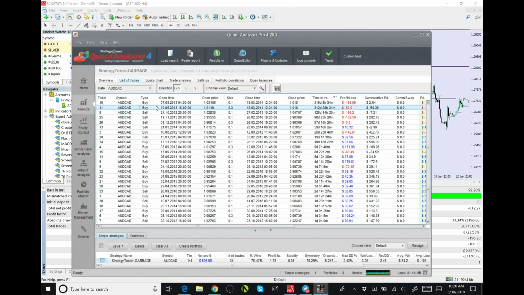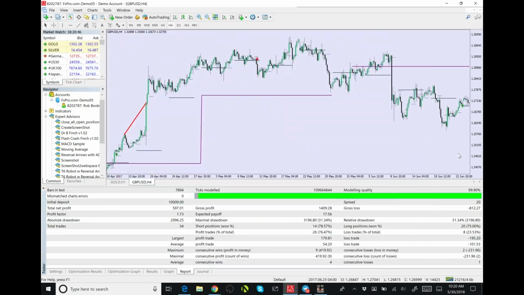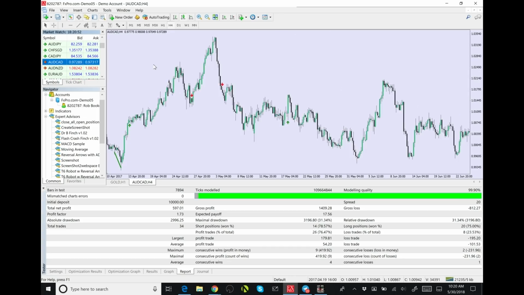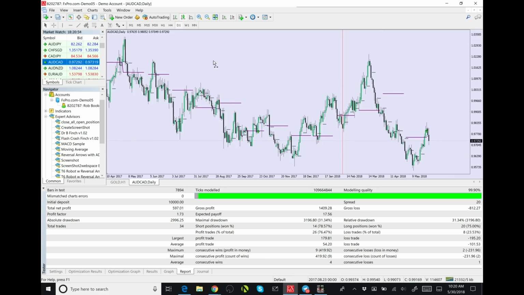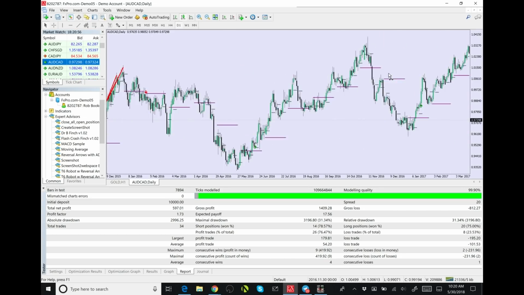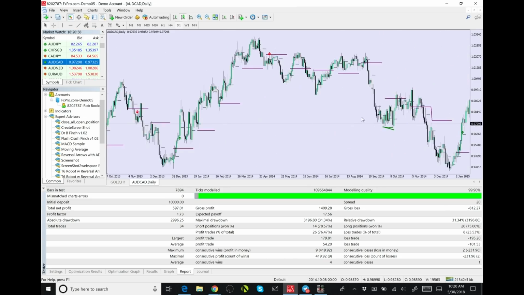This trade was a buy trade that opened in July of 2013. Now, I don't know if I can go that far back, but let's see if I can. July of 2013.